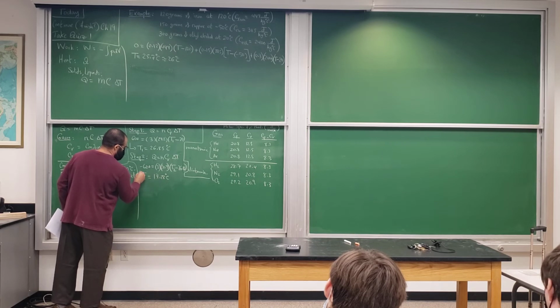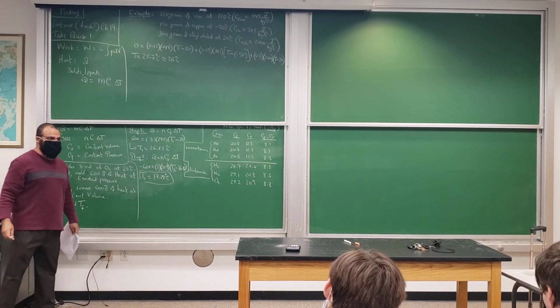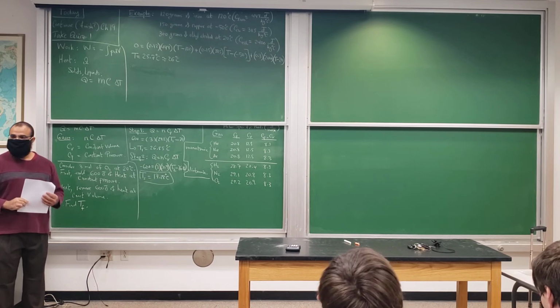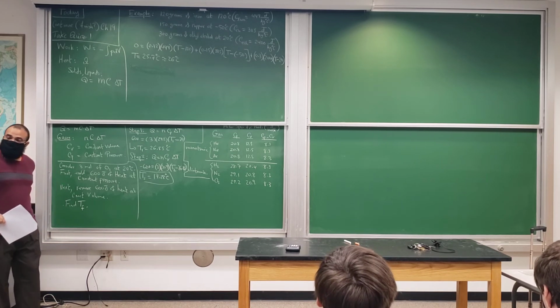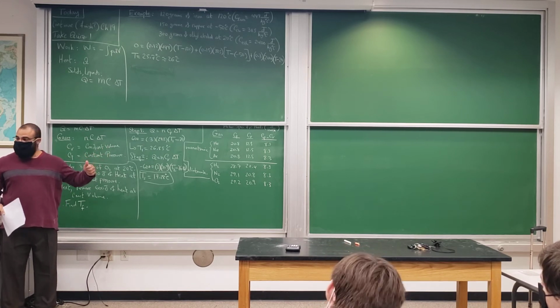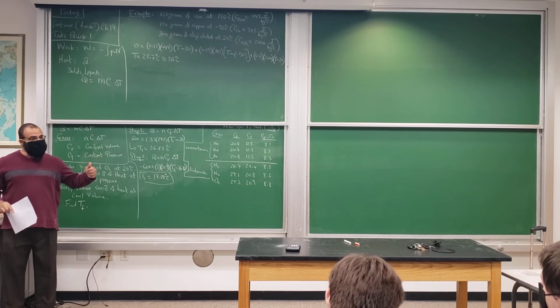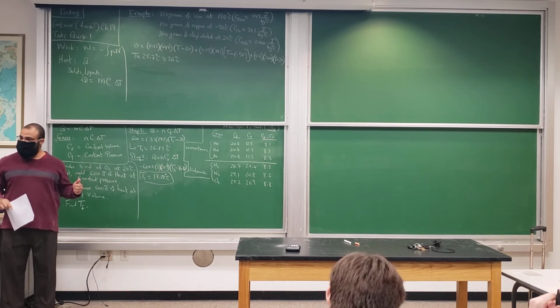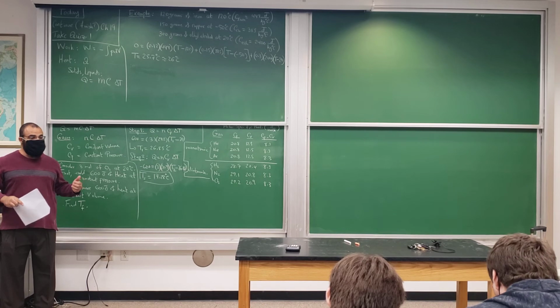Now, does this make sense? Does it make sense that it's actually lower than 20? It actually does make sense. Because of the 600 joules you put in first at constant pressure, not all of it went into raising the temperature of the gas. Some of it went into expanding.